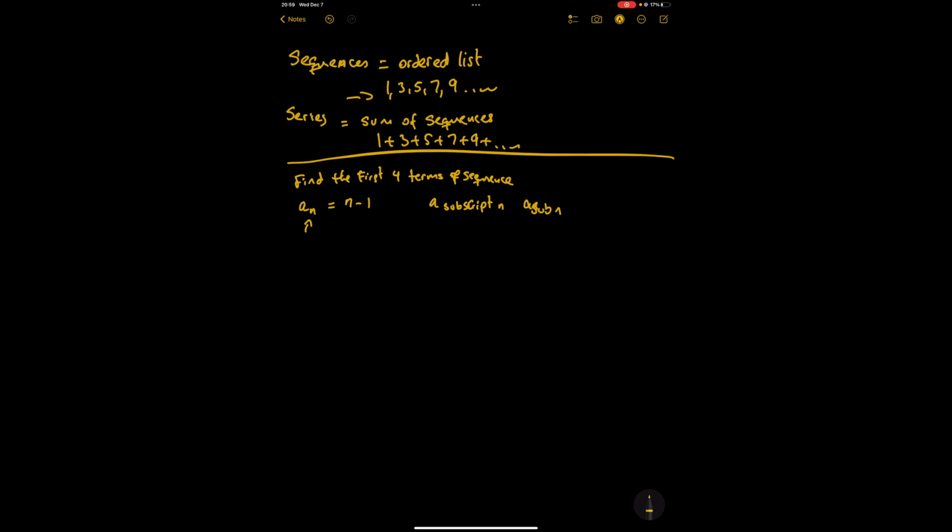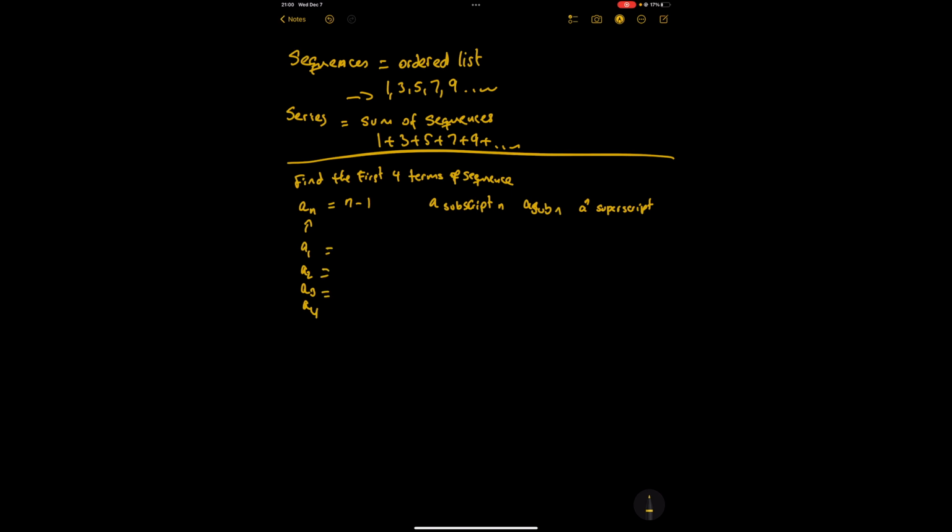When it's written up high like this, it's called a superscript. I'm just giving you some of the terms, but for right now, a sub n equals n minus 1, and they want you to find a1, a2, a3, a4.